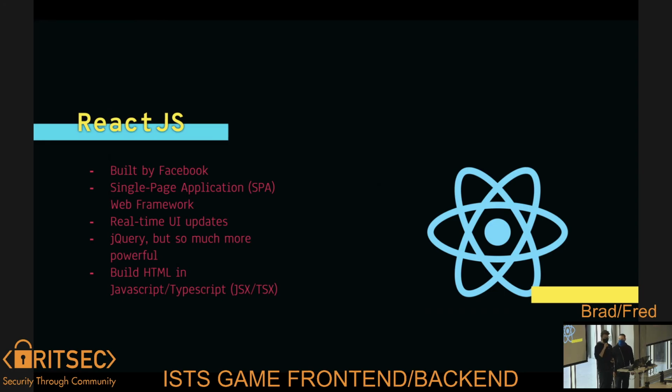There's no navigating between different HTML files, etc. Everything is served there and dynamically shown with JavaScript. The benefits: you can have real-time UI updates, you don't have to use jQuery, and you can also write HTML in JavaScript and/or TypeScript.